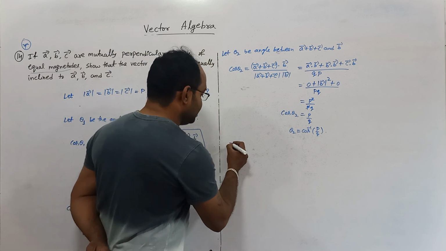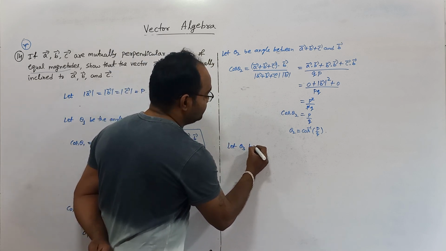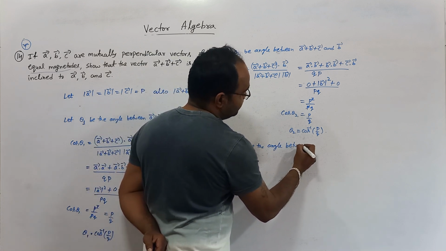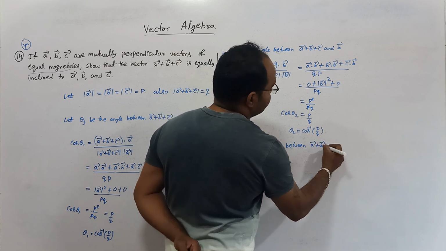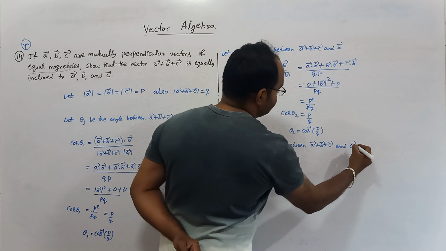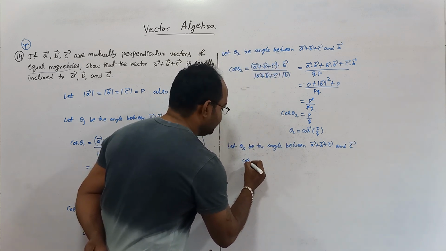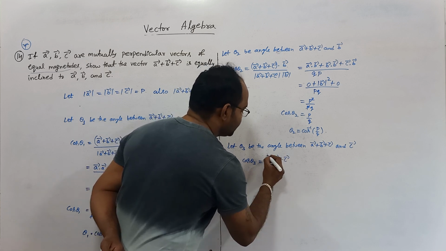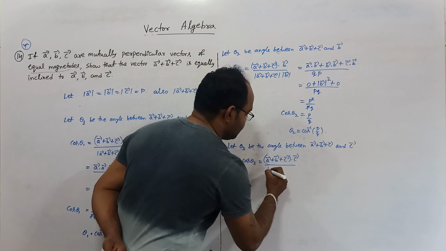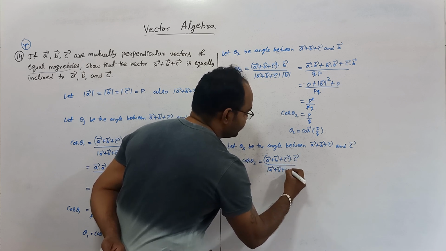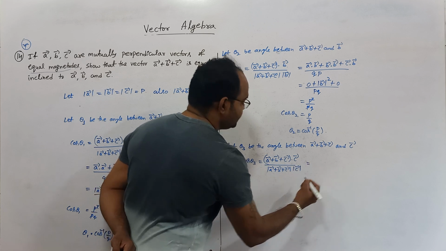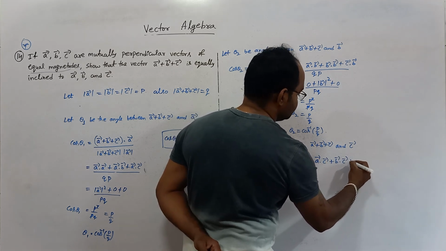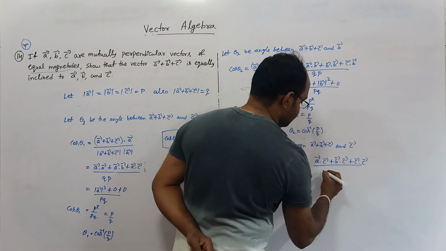Similarly, let us consider theta 3 to be the angle between A plus B plus C and vector C. So cos theta 3 we will get as A plus B plus C dot vector C divided by magnitude of A plus B plus C into magnitude C. So that is A dot C plus B dot C plus C dot C divided by QP.